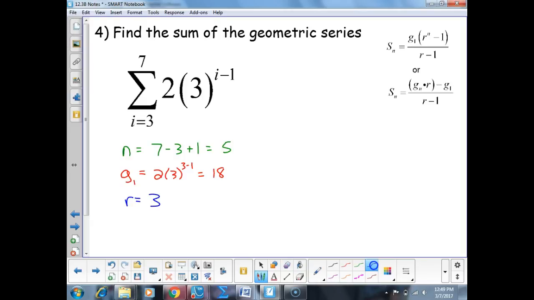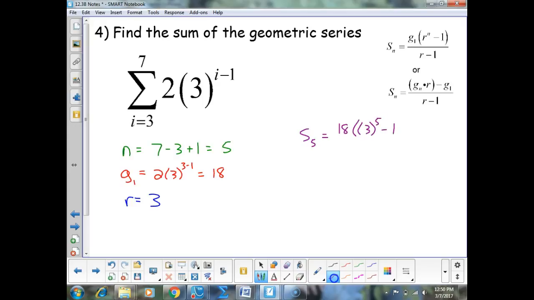So the sum of my first 5 terms is going to be my first term, 18, times my R value raised to the 5th power minus 1, all over R minus 1. 3 to the 5th is 243. 243 minus 1 is 242.